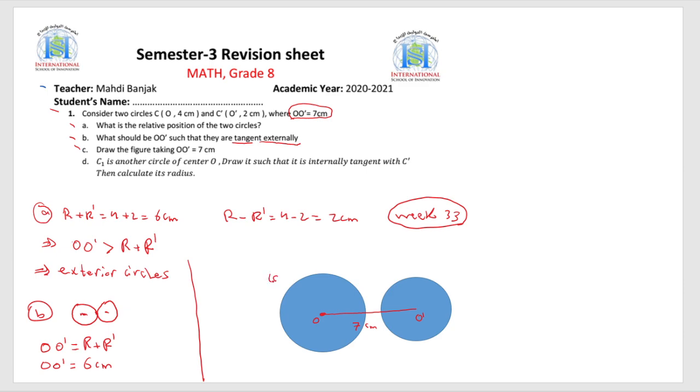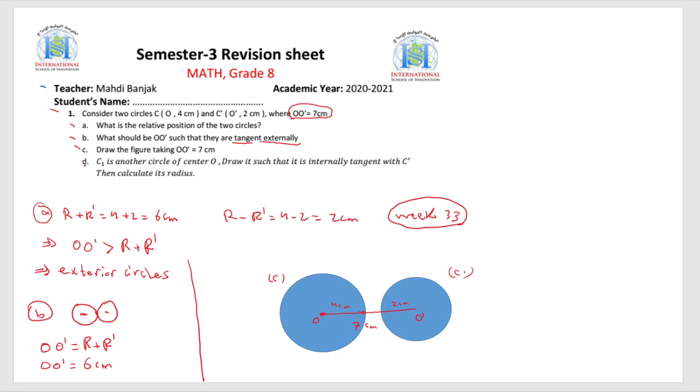This is circle C and this is circle C prime. This is center O prime. The distance from here to here is 4 centimeters. The distance here is 2 centimeters, and between them, of course, should be 1 centimeter.